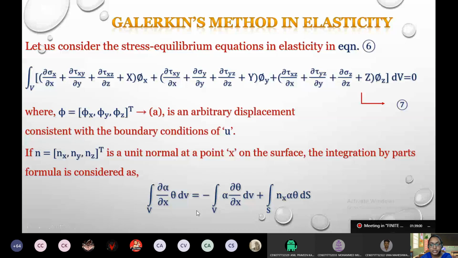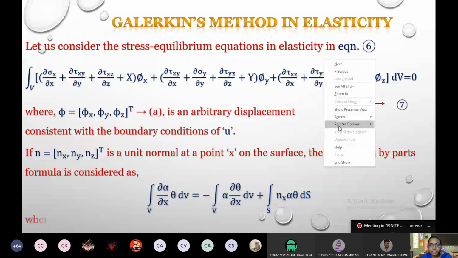For that, this is the way we can take it into account, where we are taking a volume, that is for the entire structure, and for this surface. I've clearly said in the previous classes about boundary conditions, whenever we are talking about unit normals, that means we are taking surface into account.